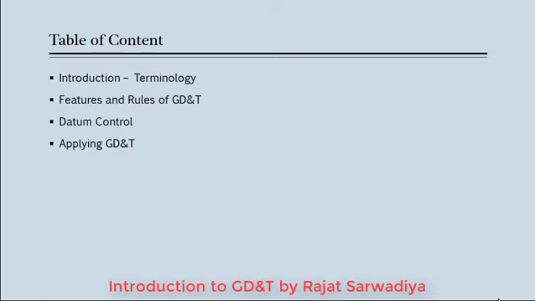Then finally we will be going for the GD&T characteristic symbols. There are 14 characteristic symbols in GD&T divided into different categories. We will see those categories as well as the symbols. These categories are: first, form tolerances, in that straightness, flatness, circularity, and cylindricity are included.